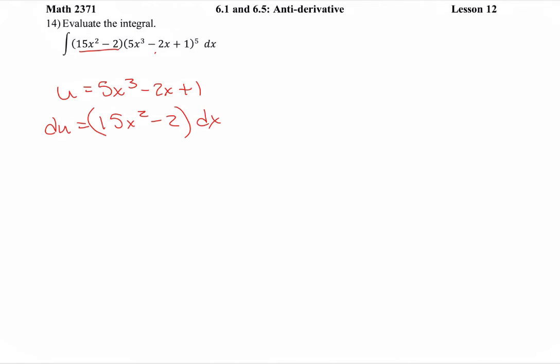So then, if I notice that, then what I need to do is I really should reorder this so that I have (5x cubed minus 2x plus 1) to the 5th times (15x squared minus 2) dx. So this right here is going to be du, and this is going to be u.